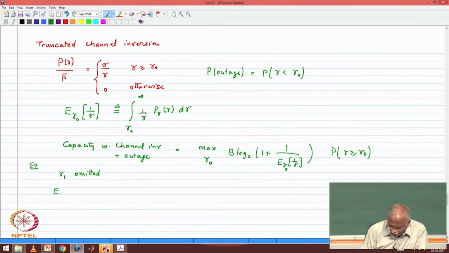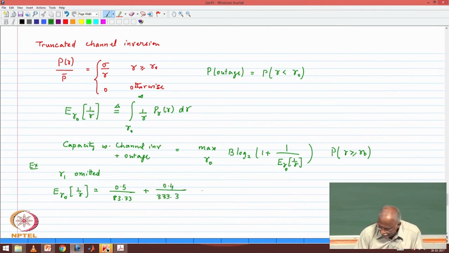So, the expected value of 1 by gamma is going to be 0.5 divided by 83.33 plus 0.4 divided by 333.3. This gives us approximately 7.2 into 10 power minus 3.